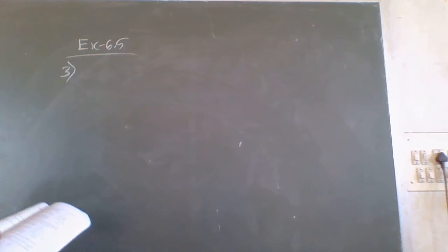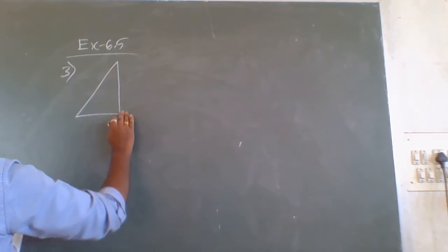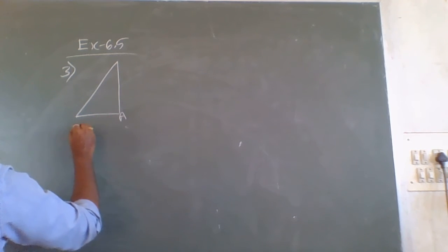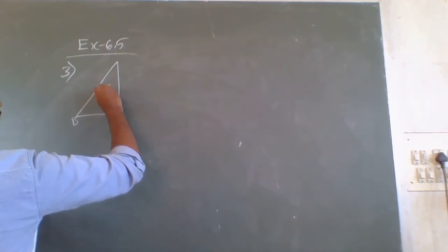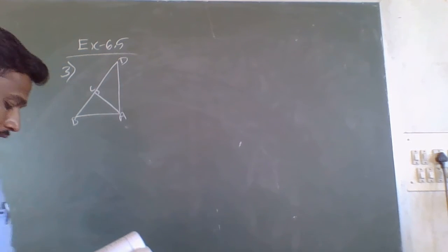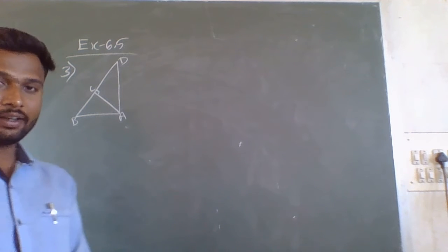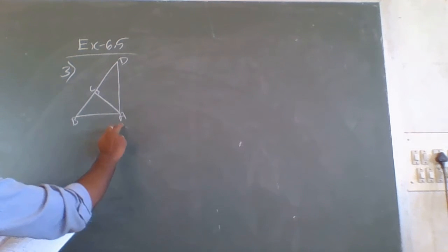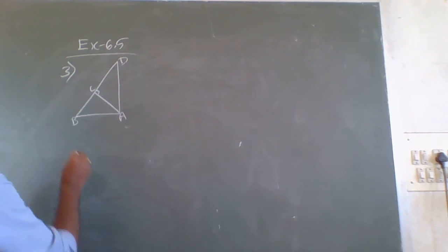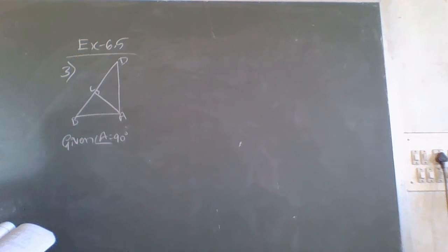So in figure 6.53 they have given a triangle. This is triangle ABD, with points A, B, C and D. Triangle ABD is right angled at A, which means angle A is equal to 90 degrees, and AC is perpendicular to BD.